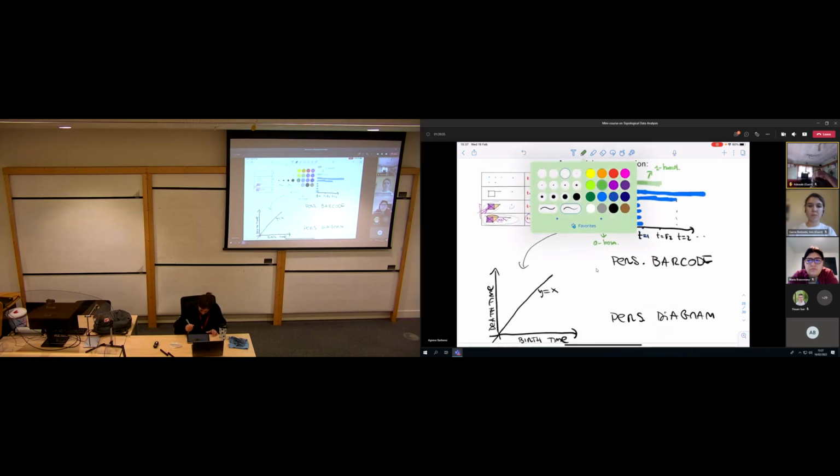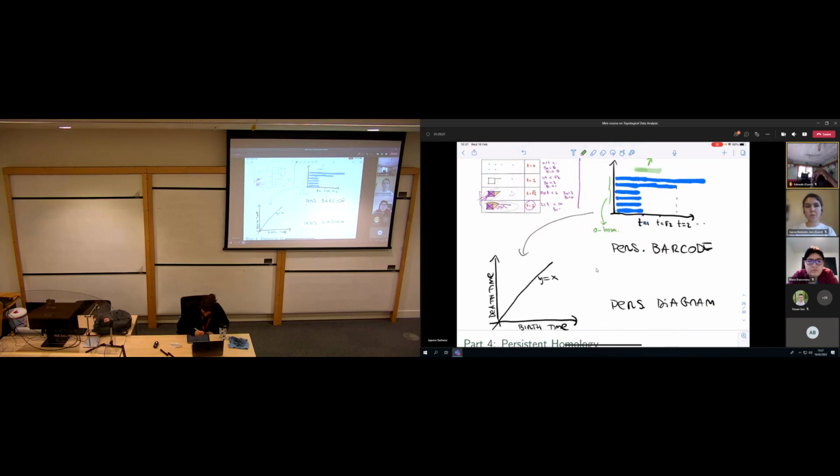Let's start from H1, which is easier to draw. My feature is born at time 1 and dies at time square root of 2. This is the dot. Then I have a bunch of zero-dimensional features, all coming to life at time 0 and dying at time 1.